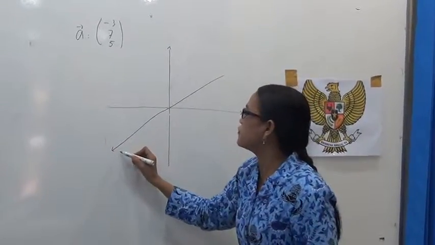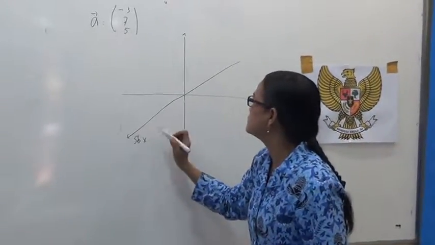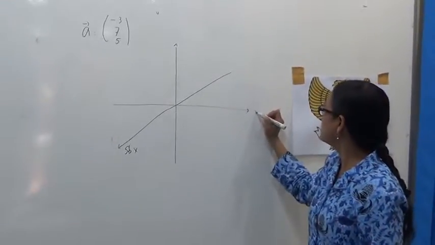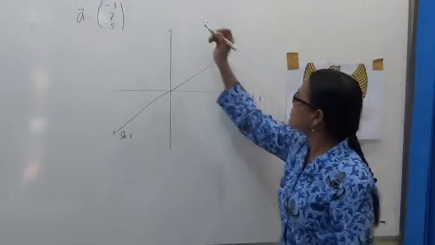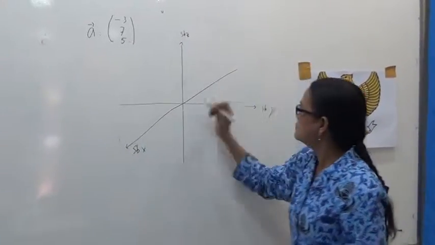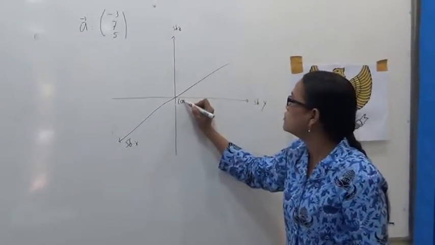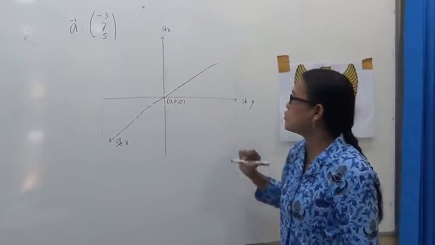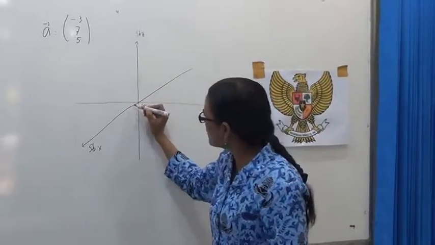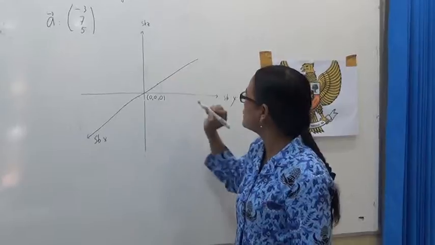This is the X-axis. This is the Y-axis, and this is the Z-axis. This is the central point, or nokta, 0, 0 and 0. Going to the front is positive and going to the back is negative.